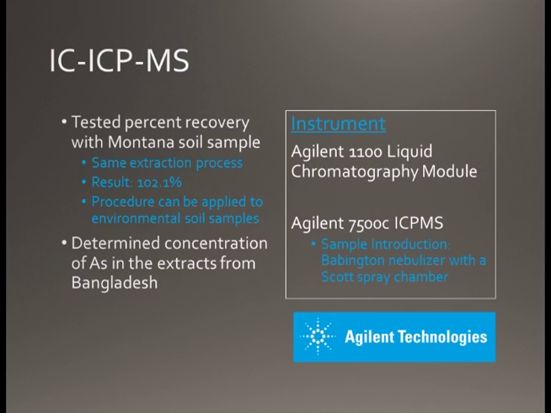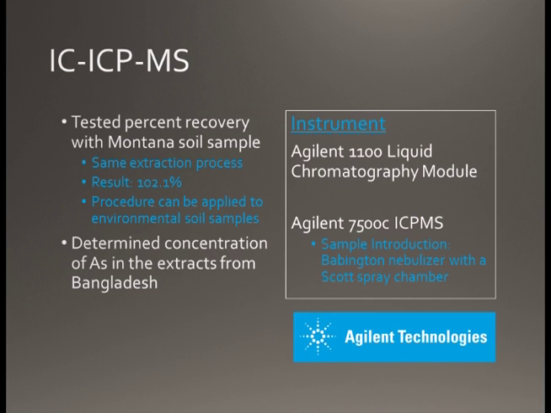So now let's talk about the instrumentation specifically. They used instruments by Agilent Technologies: the Agilent 1100 liquid chromatography model coupled with the Agilent 7500C ICP-MS, and they used a Babington nebulizer with a Scott spray chamber for sample introduction.